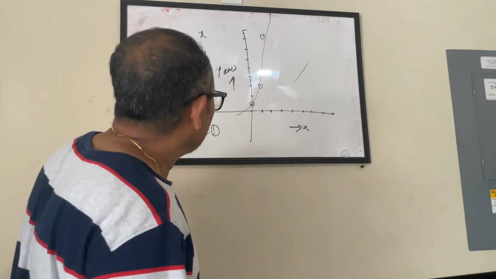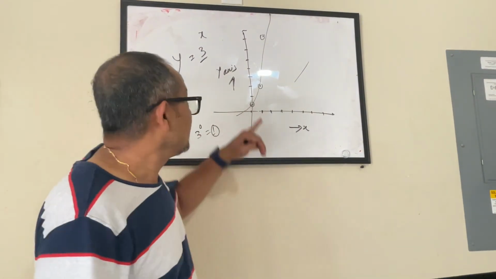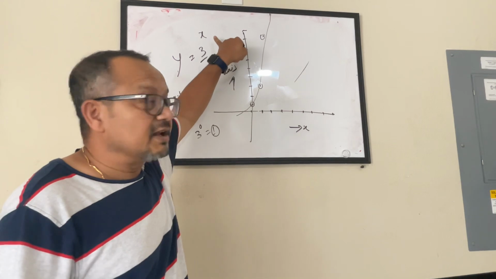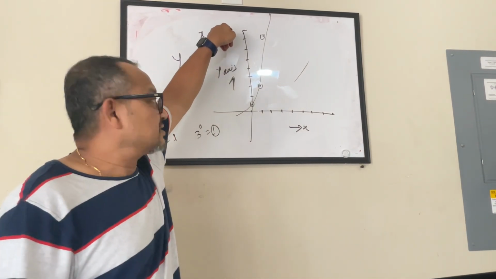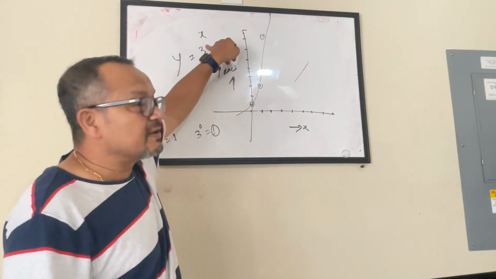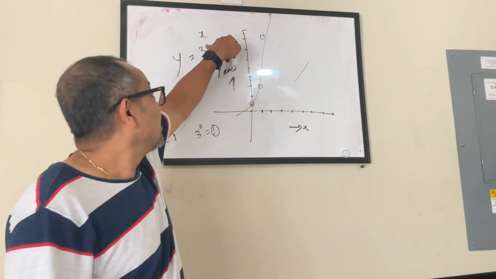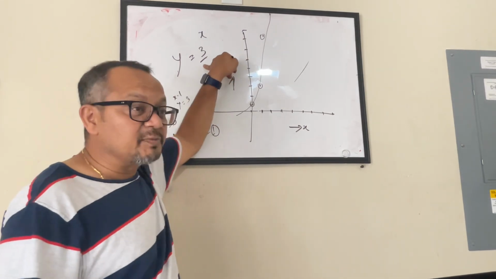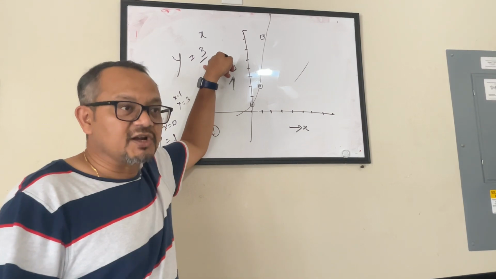Now, when we say asymptote, we are talking about this. Imagine if the value of x equals 10, it will be 3 to the power 10, which is a much bigger number.